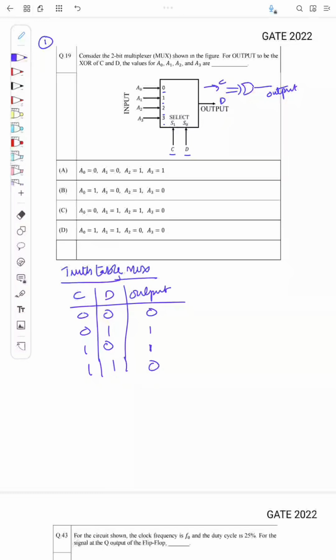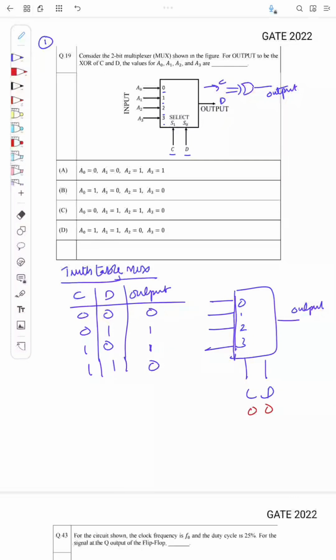So from this circuit, CD, 0, 1, 2, 3 and this output, we know when the input is 0, 0, the output should be 0, right? So when the input is 0, 0, the mux input corresponding to 0 will be selected.